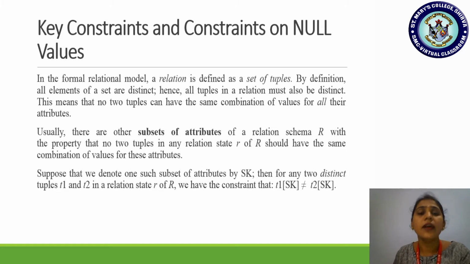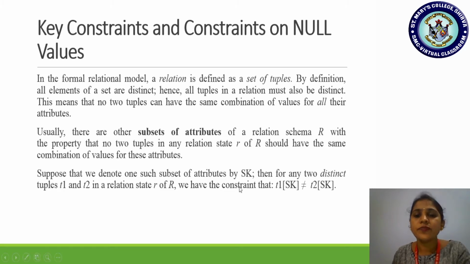For example, along with roll number, if I also consider the name attribute, then among the 7 attributes, roll number and name are a subset of that set, right?